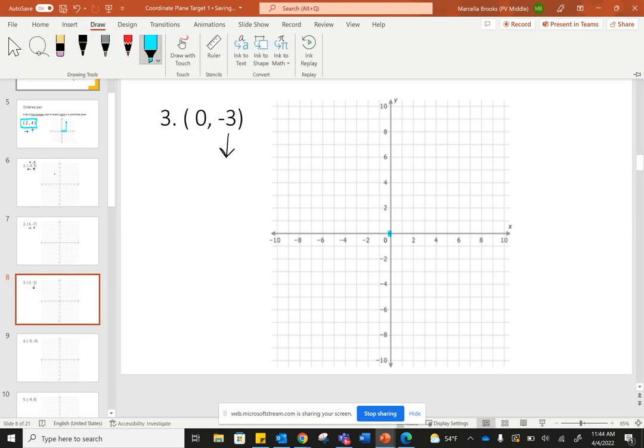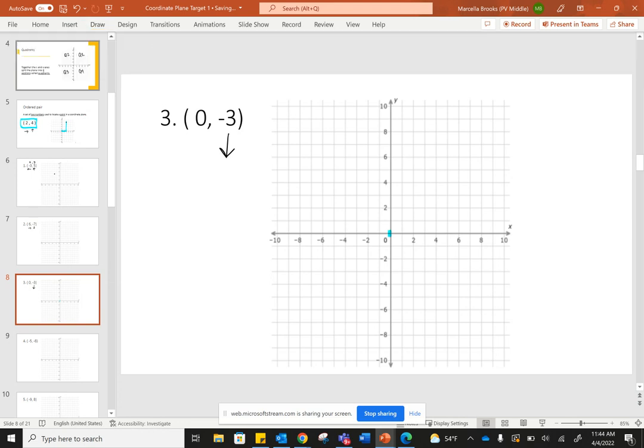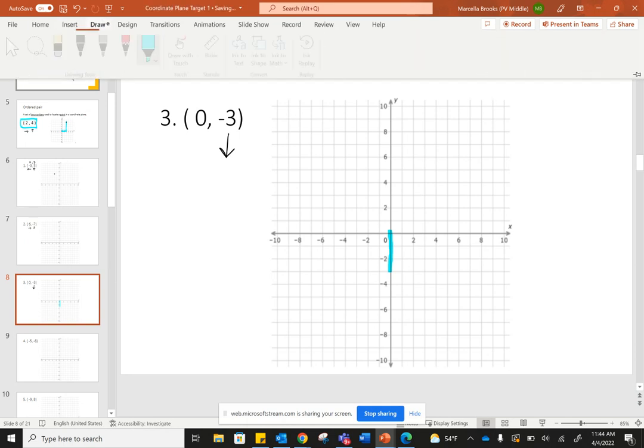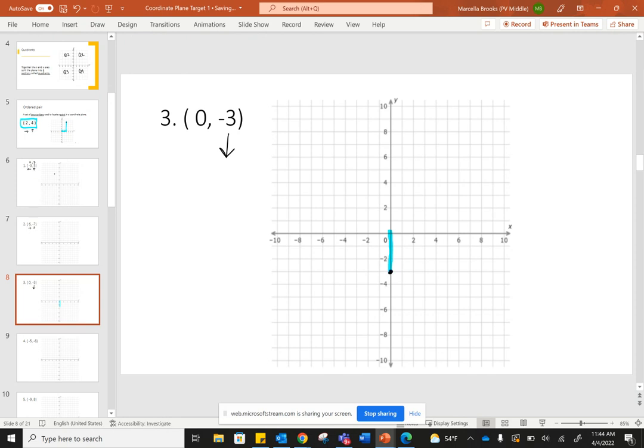So all I do is I go to the origin. I'm at 0, 0. I'm going down to 0, -3. So there's -1, -2, -3. And the line is going to go actually on the y-axis. Okay? Right here. So that's what 0, -3 looks like.